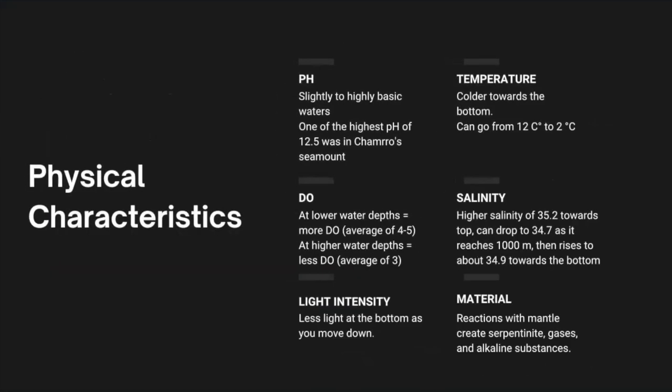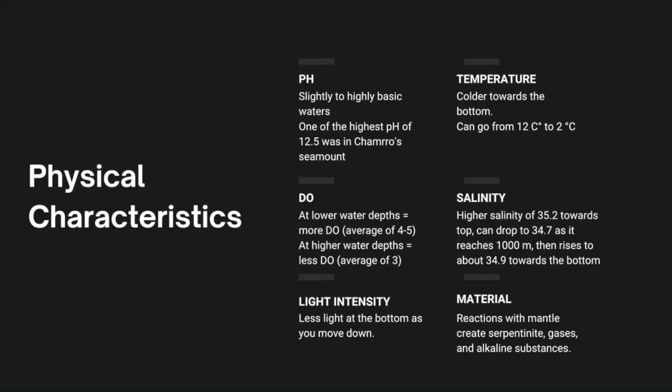Some physical characteristics of seamounts: their pH tends to be slightly normal to highly basic. One of the highest pHs in the world was 12.5, in a seamount in Hawaii.